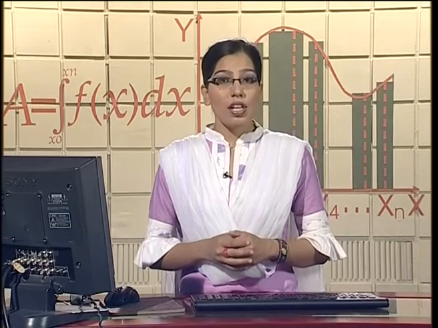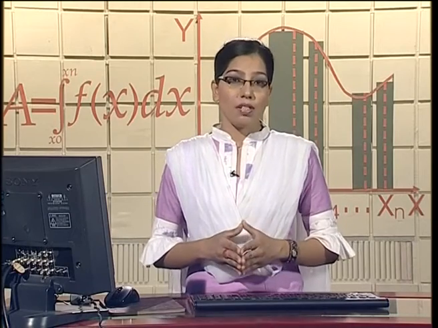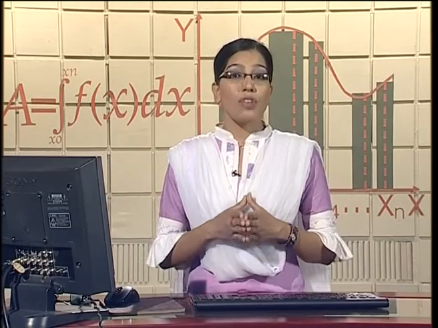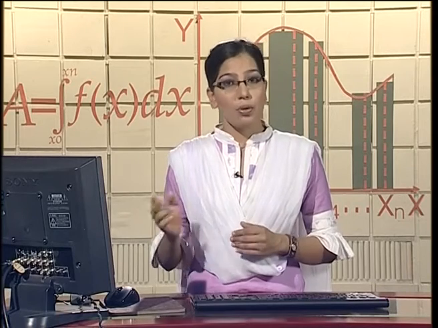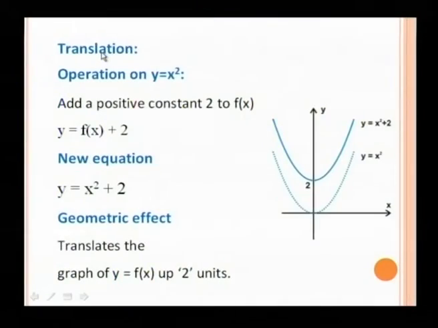Here we consider a function with some changes. You can see an example of addition of a constant to the function on the screen. For translation, if we have a function y is equal to x square, so this dotted line represents the graph for this function. And if we perform an operation on y is equal to x square, and the operation is that we add a positive constant 2 to f of x.